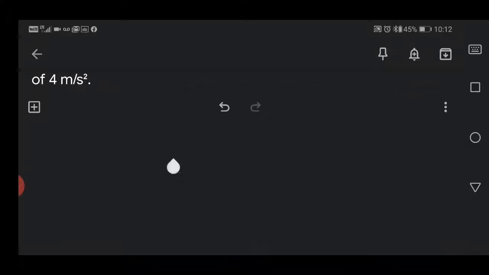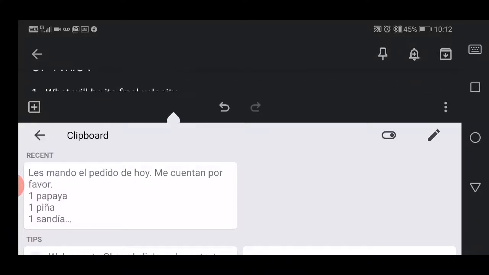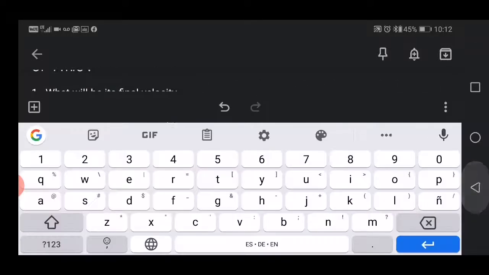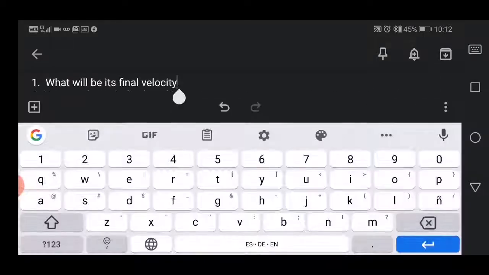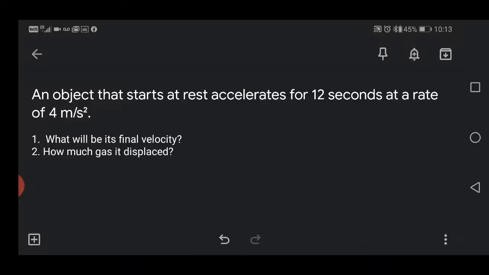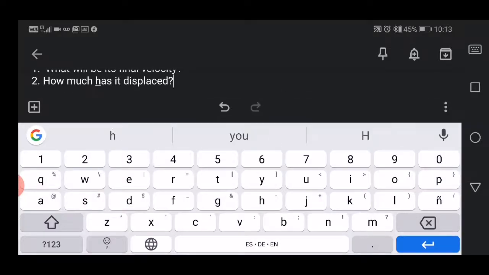And of course this is supposed to be a question. So let's say that this is the problem that you are faced with. An object starts from rest, accelerates for 12 seconds with a rate of 4 meters per second squared. You want to know what is the final velocity and you want to know how much has it displaced.